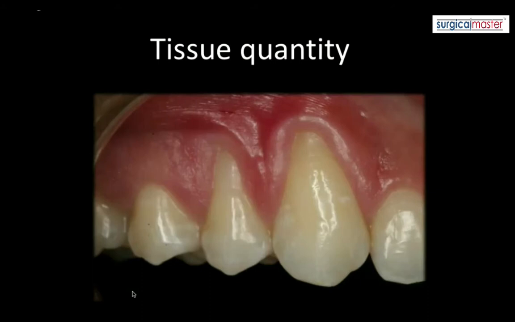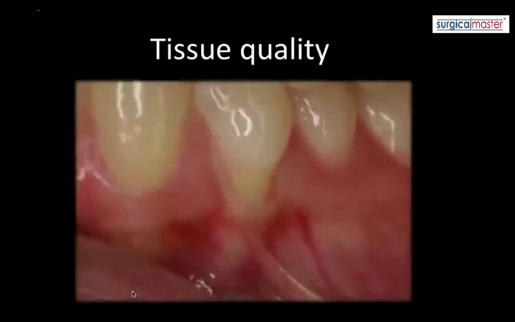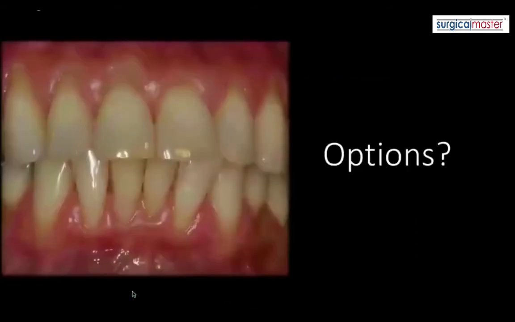And when you deal with tissue quality problems, we probably have fewer options, but we have different ways to address the mucogingival problems, the minimally attached and keratinized tissue. And a lot of doctors, maybe you as well, are very confused about what we can do, what the options are. And of course, it becomes much more challenging when patients are presenting with more than one tooth that has a soft tissue problem, or a full arch or a full mouth.